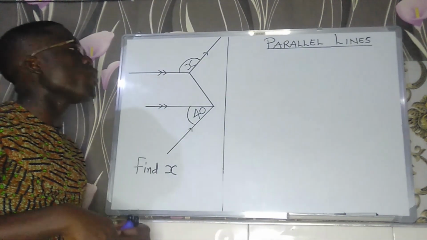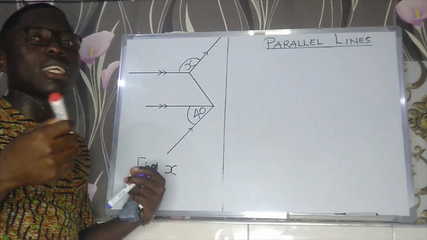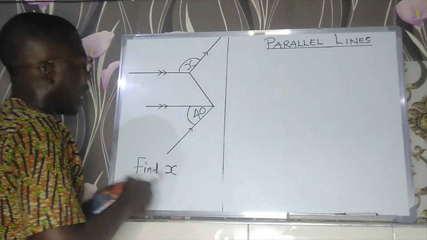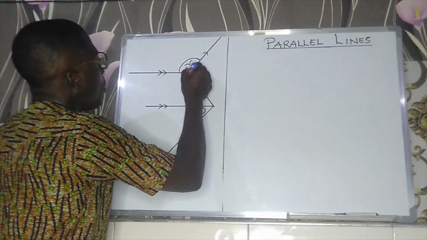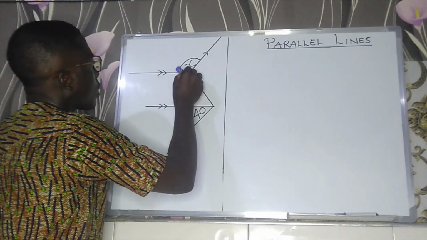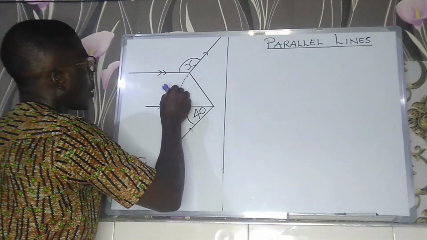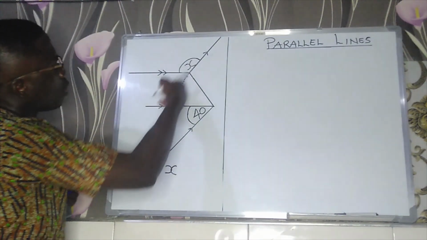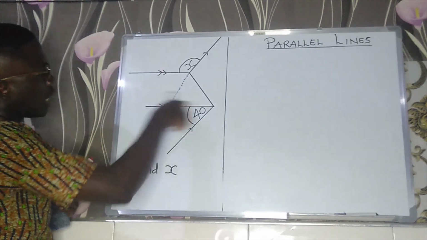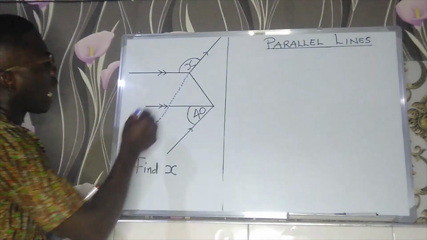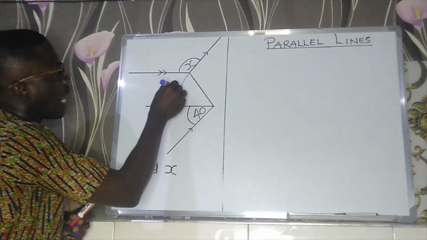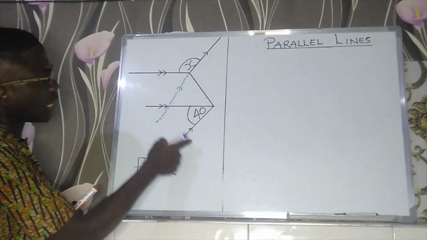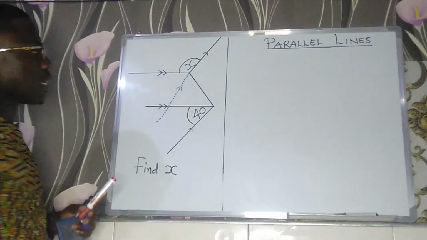So the only line we can extend is this particular line backward this way. So we have this blue dotted line joining this particular parallel line, and you should know that this line is parallel to this particular line. They are parallel lines. Good.